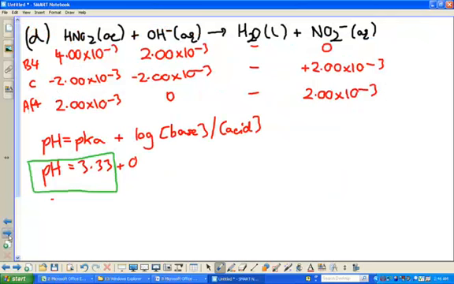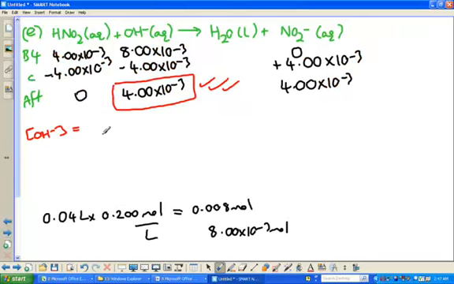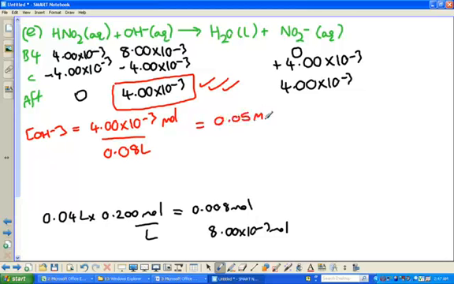So what that means is, if that total volume is 80 mils, which is 0.08 liters, then our concentration is going to be 4.00 times 10 to the negative 3 moles of our OH minus divided by 0.08 liters. And what that gives us is an OH minus ion concentration of 0.05 molar.